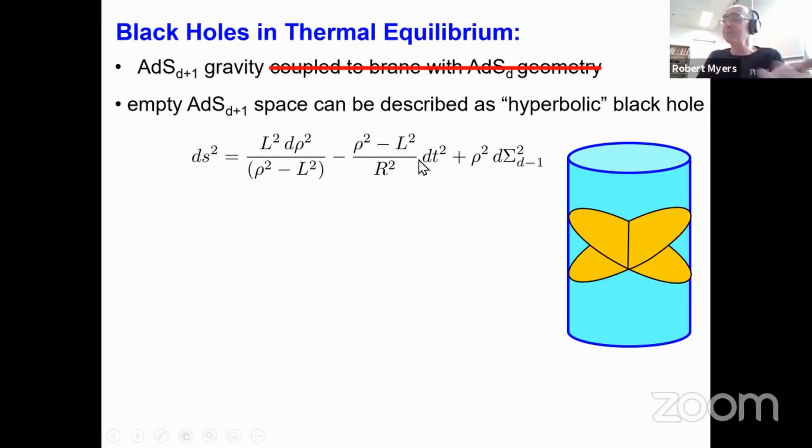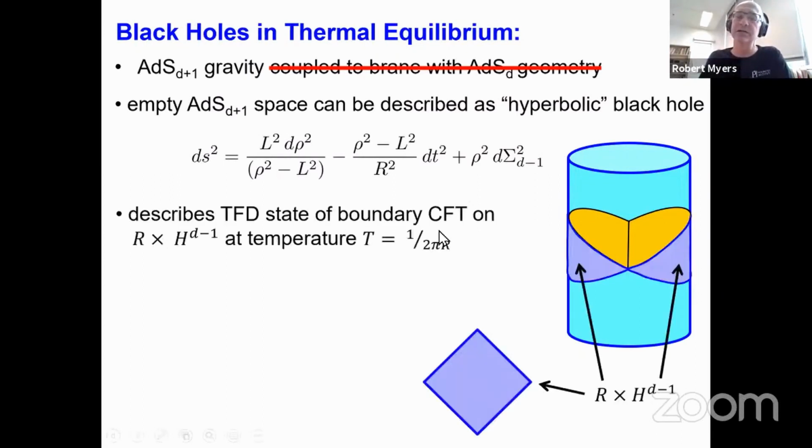And so this is empty AdS. It actually is more like a Rindler coordinate system, and so sometimes these coordinates are called AdS-Rindler coordinates. Now, what is this describing in terms of the boundary theory? Well, it's actually describing a thermofield double state, as usual for a black hole in AdS.